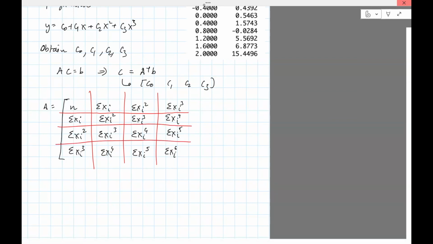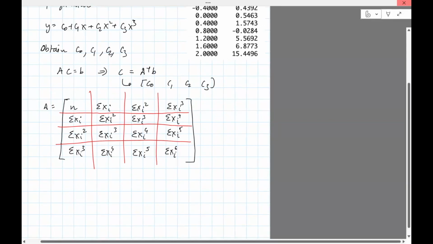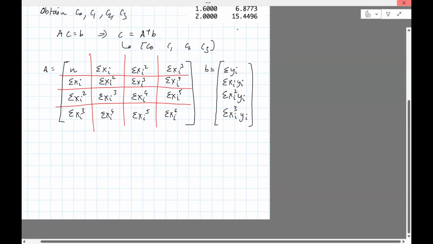These lines are just to show you that those are the rows and columns of that matrix. Okay, and then B is summation y_i, summation x_i y_i, summation x_i squared y_i, summation x_i cubed y_i. Okay. And what you get after substituting in the values is something like this.